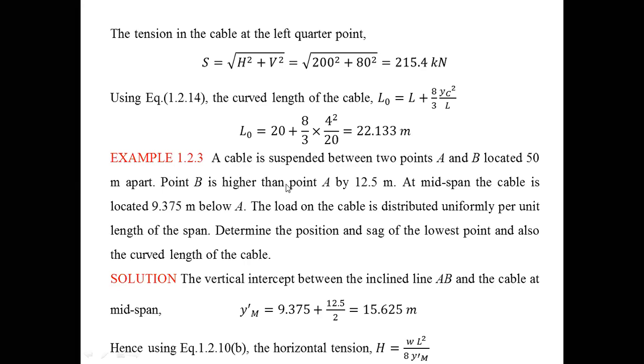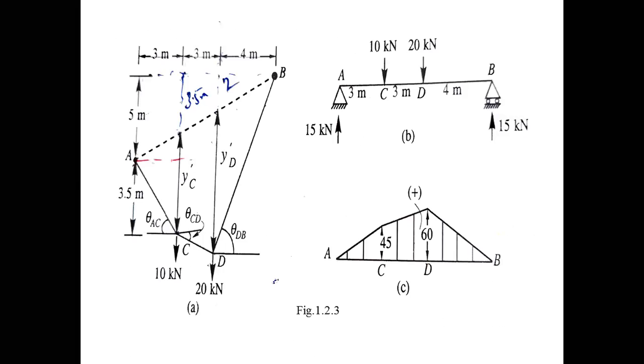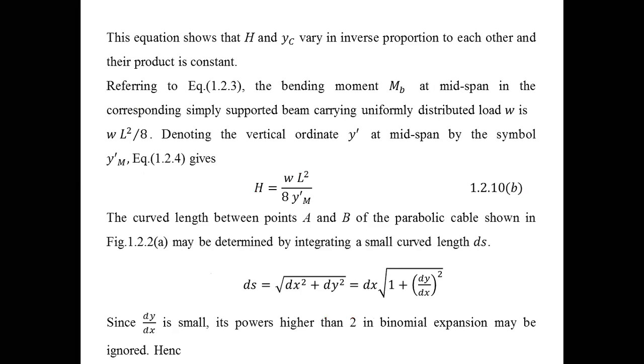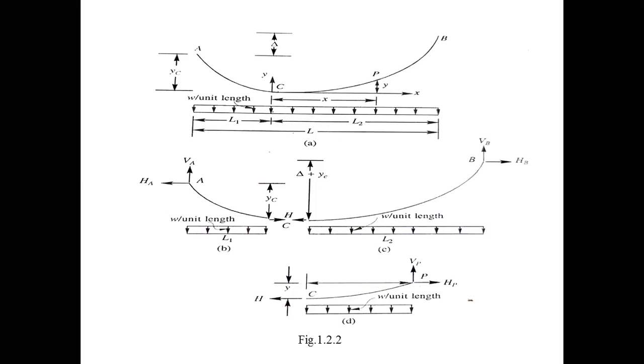A cable is suspended between two points A and B, located 50 meters apart. Let us take the figure in derivation like this. A and B are 50 meters apart.